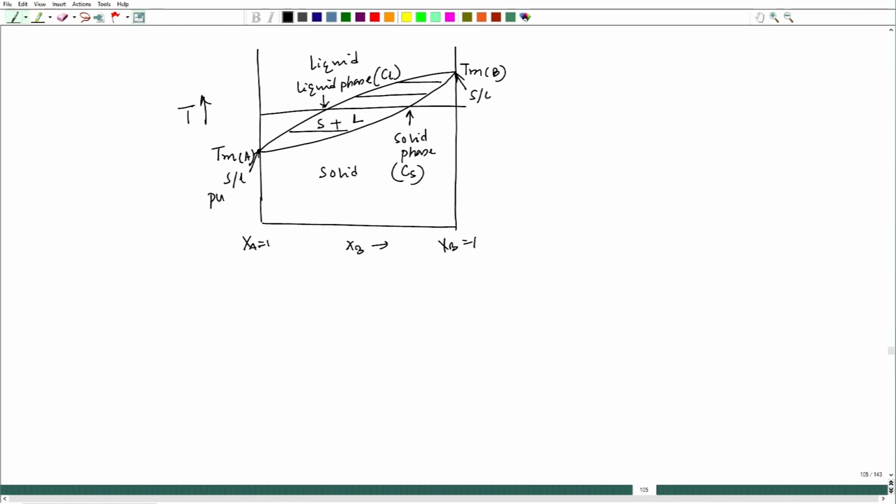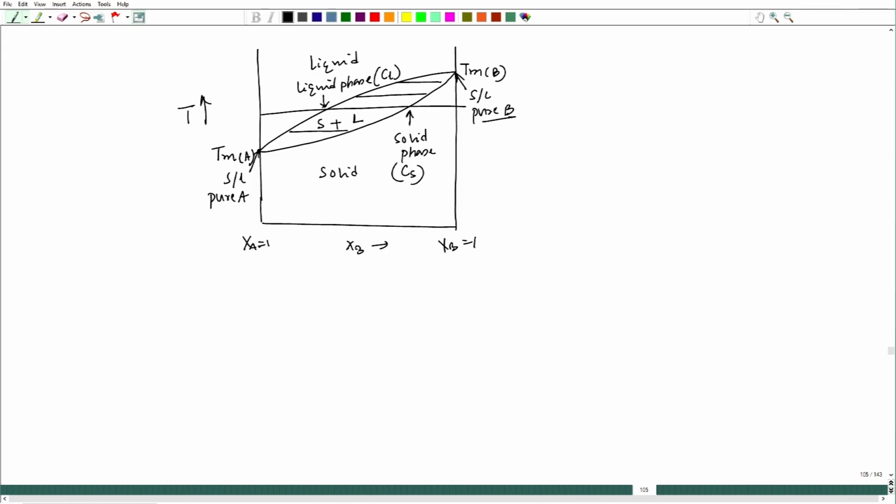Of course, this is pure A and this is pure B at the extreme points of XA equal to 1 and XB equal to 1. At the extreme points it is of the same composition, but in between, any composition is divided into two compositions because those two compositions are in equilibrium.